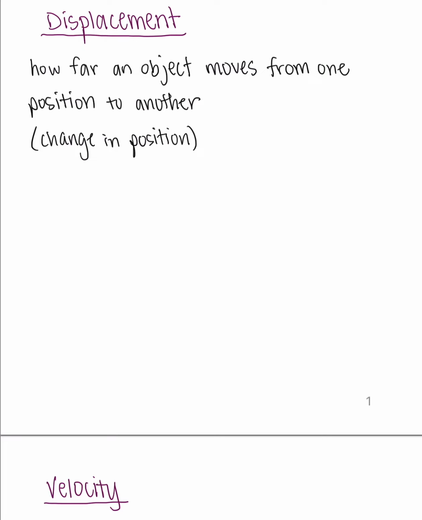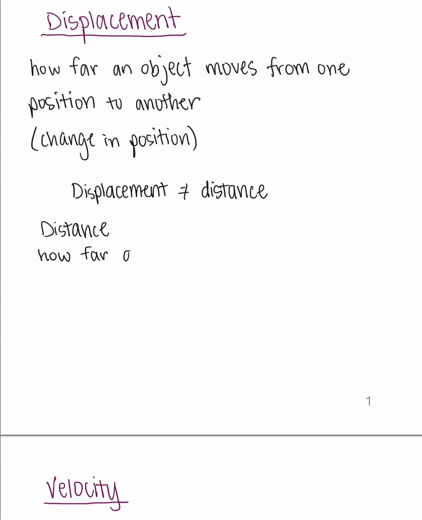Keep in mind that displacement should not be confused with distance. Even though they could sometimes share the same value, they do not have to always share the same value. Distance is just how far an object moves. Not the change in position that displacement is.